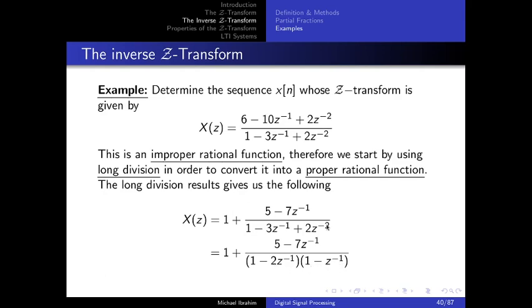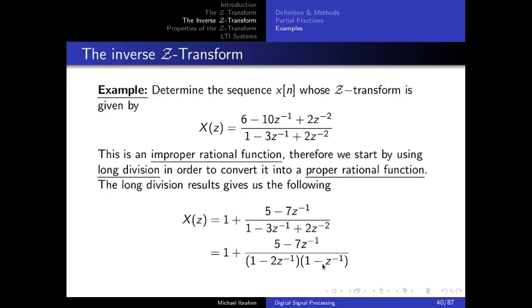Okay, and here, since the question did not specify a certain region of convergence, we need to find all possible regions of convergence and solve in all possible ROCs. So we have here two poles. One pole located at 2 and the other pole located at 1.